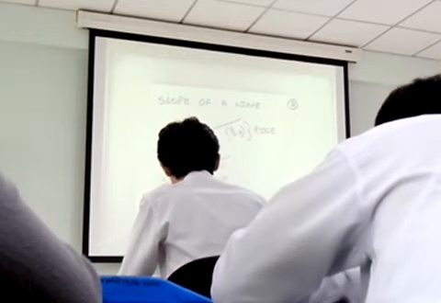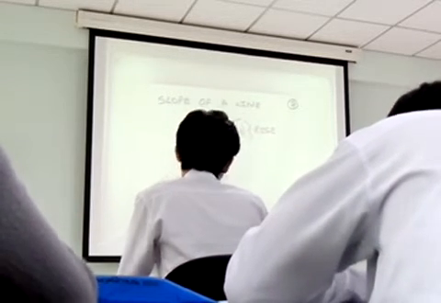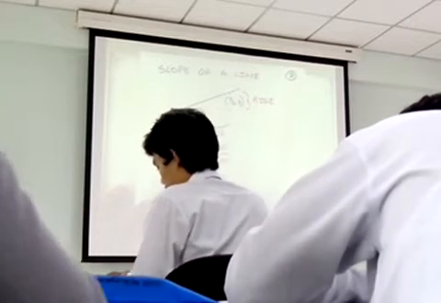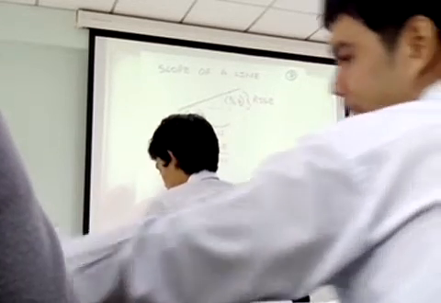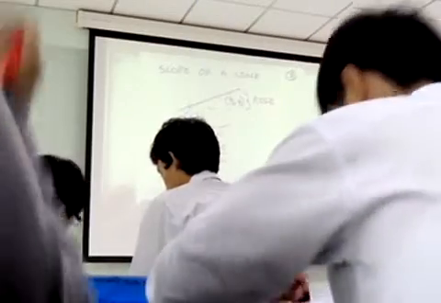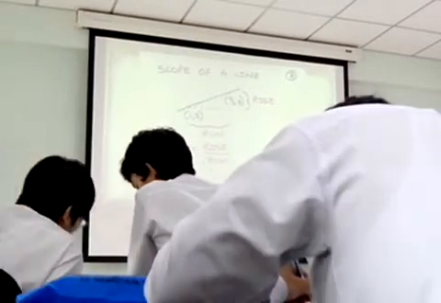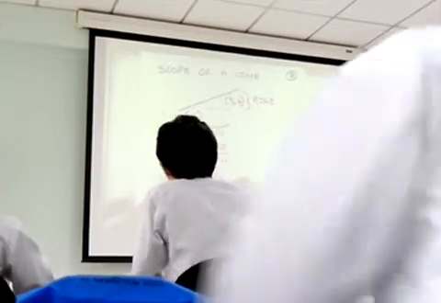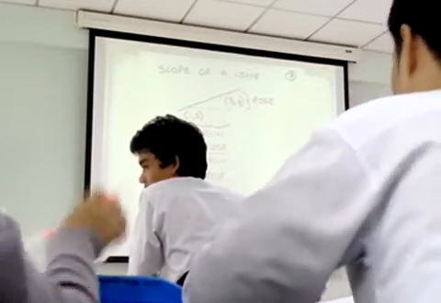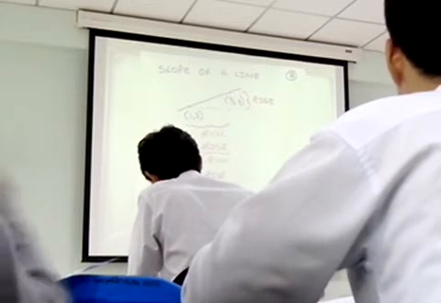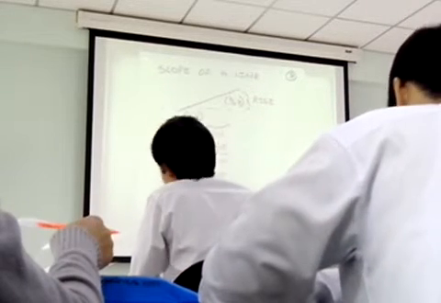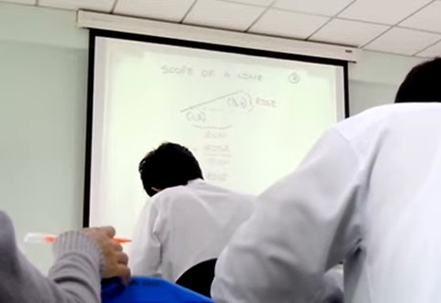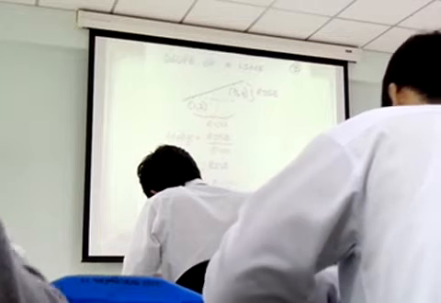So, for any 2 points, the difference between the y values is the rise, and the difference between the x values is the run.